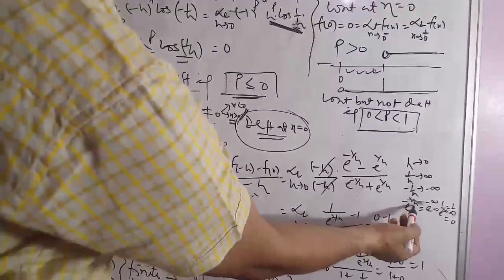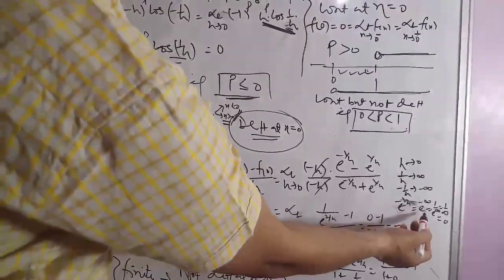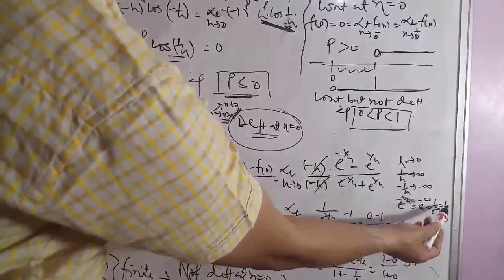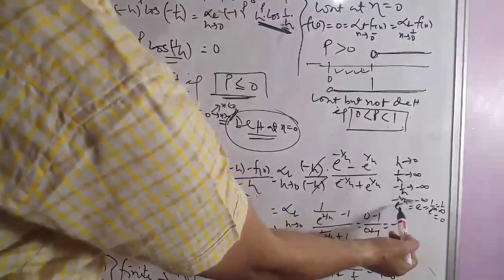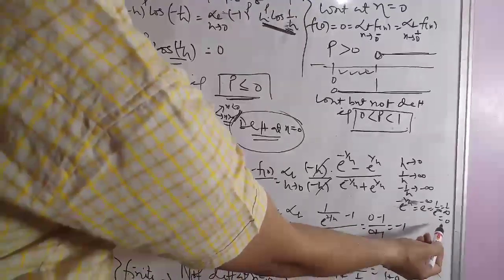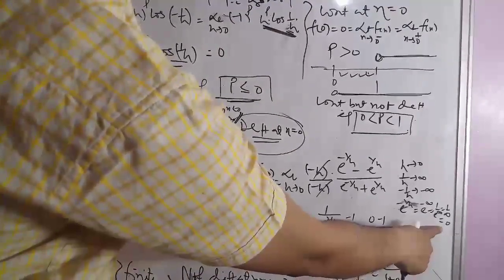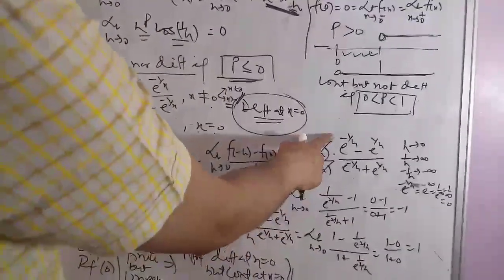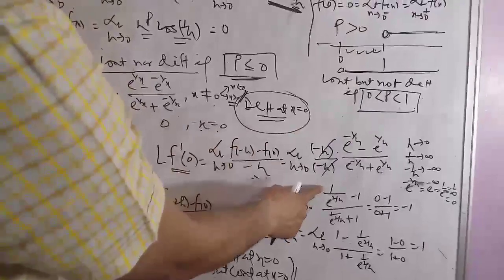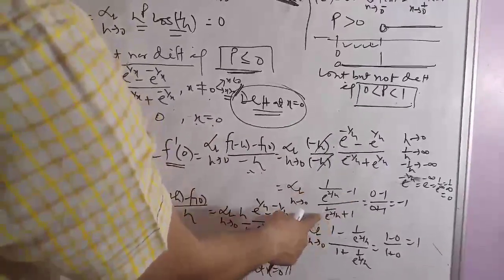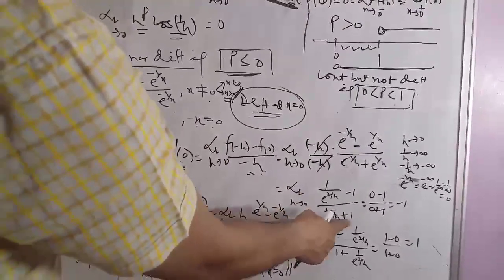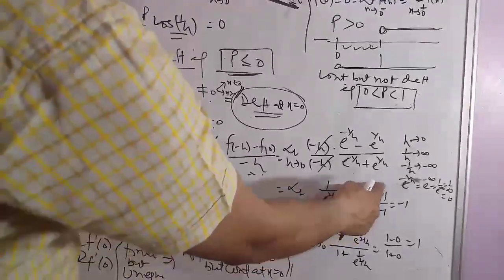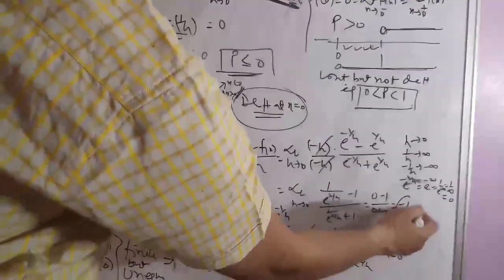So e^(−1/h) is e^(−infinity), which gives 1 upon e^(infinity), meaning 1 by infinity, that is 0. So e^(−1/h) tends to 0. Dividing by e^(1/h), we have (1/e^(2/h) − 1) upon (1/e^(2/h) + 1). This becomes (0 − 1) upon (0 + 1), answer is −1.